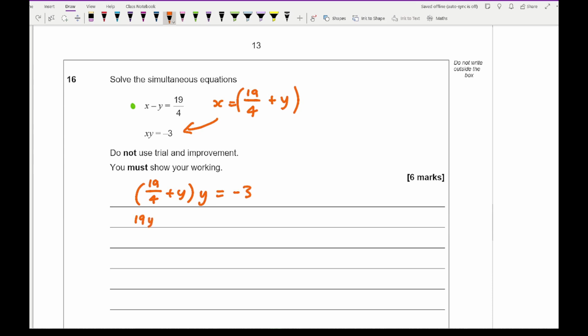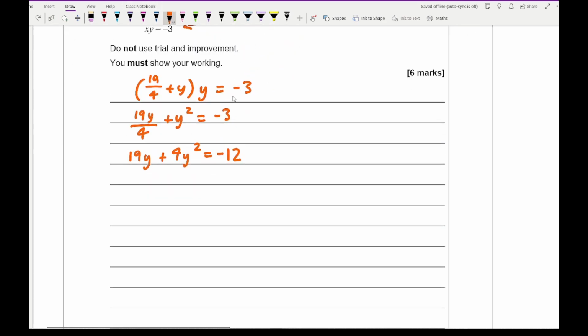Then if I expand the brackets, I end up with 19y over 4 plus y squared equals minus 3. Then if I multiply everything by 4, I end up with 19y plus 4y squared equals minus 12. Then from this, if I turn this into a quadratic equation, I end up with 4y squared plus 19y plus 12 equals 0.